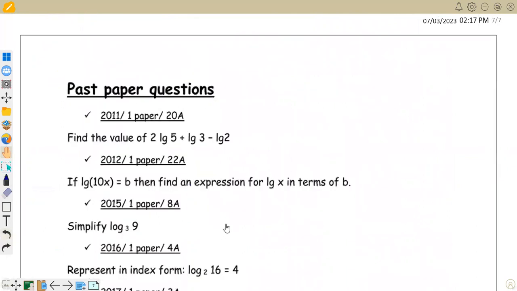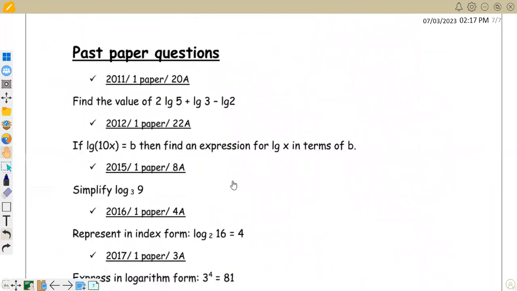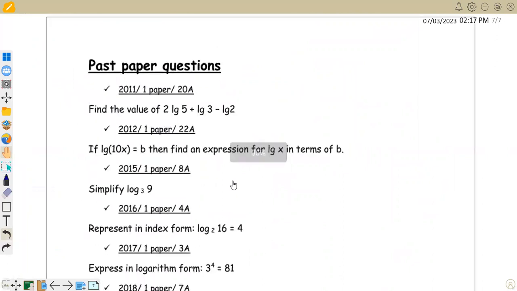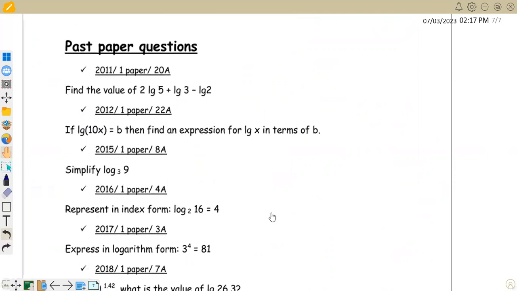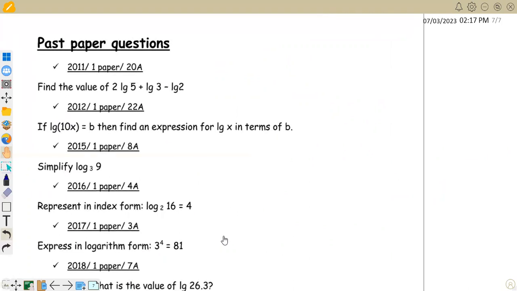Okay, here in the last page of this tutorial, they have given some past paper questions based on the grade 10 logarithm lesson. Most of the time here you have to apply the log rules and convert log form into index form or index form into log form.